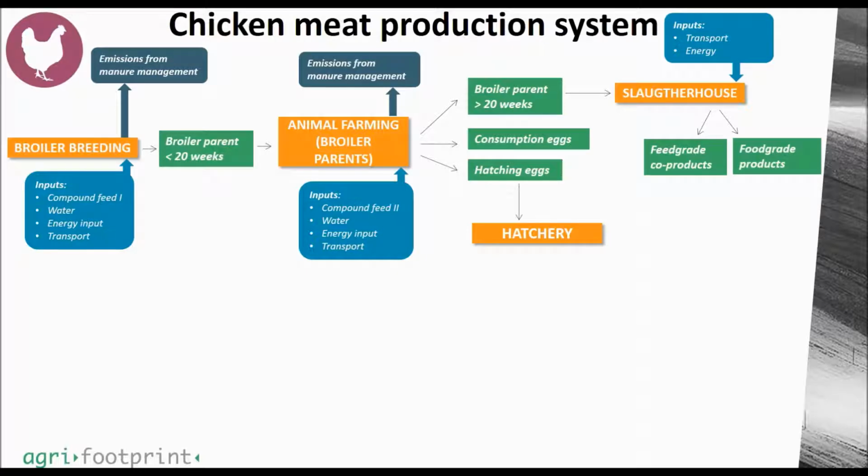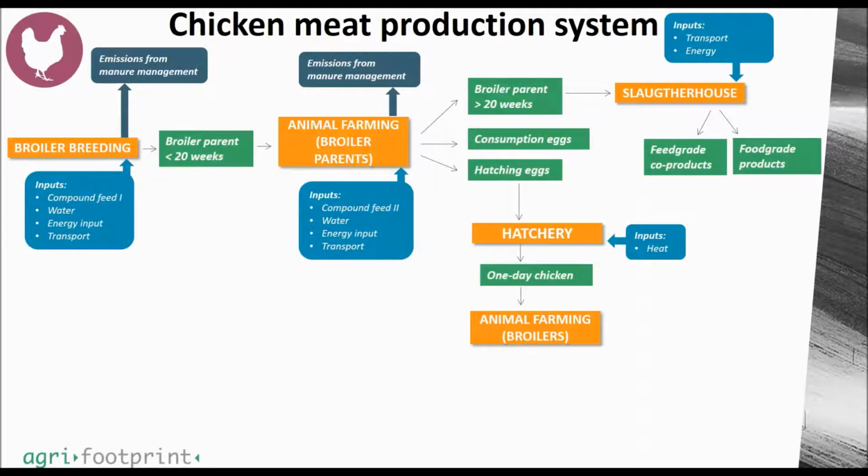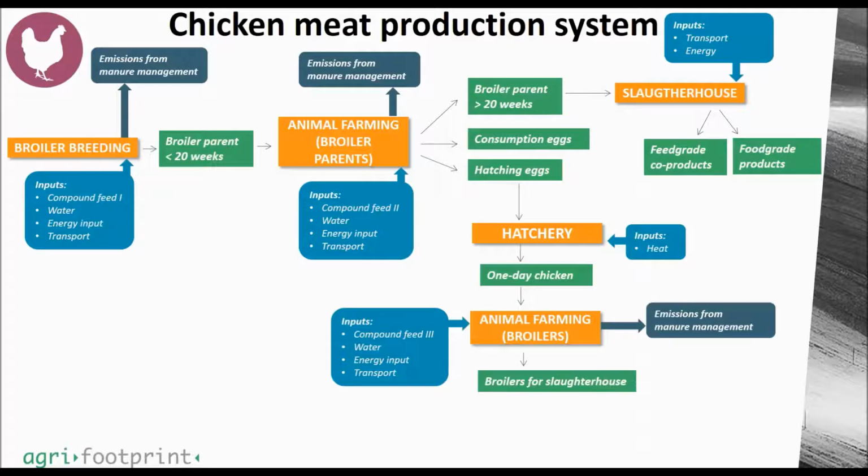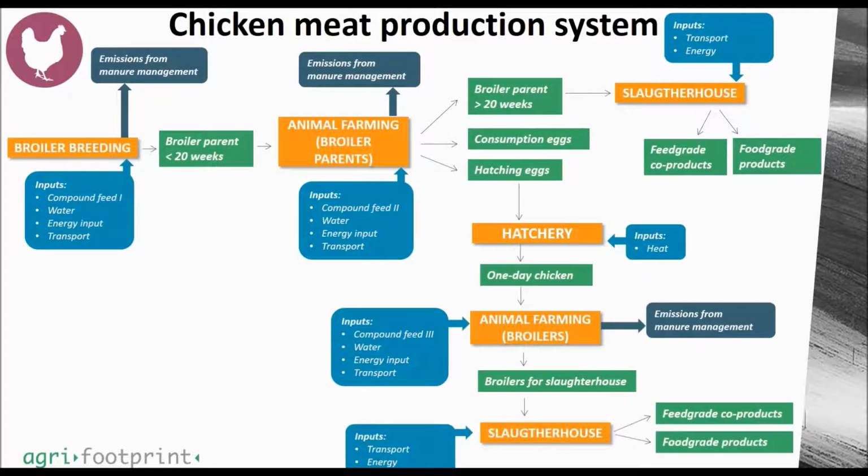The consumption eggs are available to the market, and then the hatching eggs will be taken to a hatchery for incubation. In this third system, the one-day chicks are reared in a couple of weeks and eventually slaughtered to produce chicken meat and other feed-grade products.